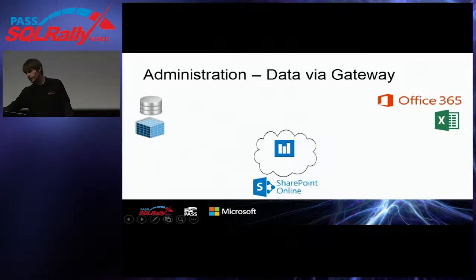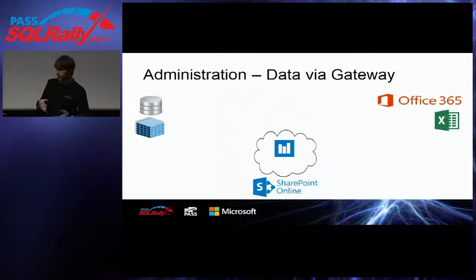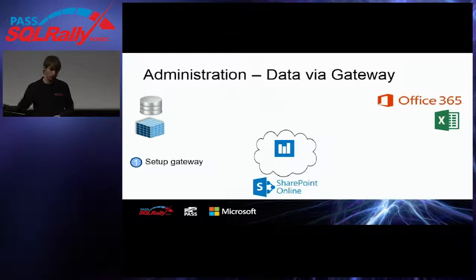What it actually looks like is that you have your data, an Analysis Services cube, the SQL database or whatever. You have SharePoint Online with Power BI, and you have your client, Office 365. So in order to use the concept of a gateway and connect directly to a SQL database, you first have to set up a so-called gateway.